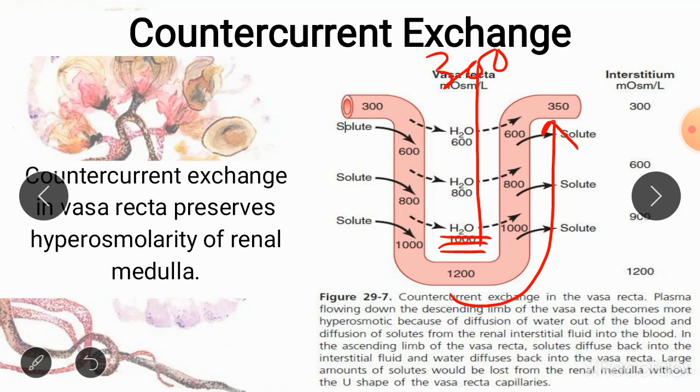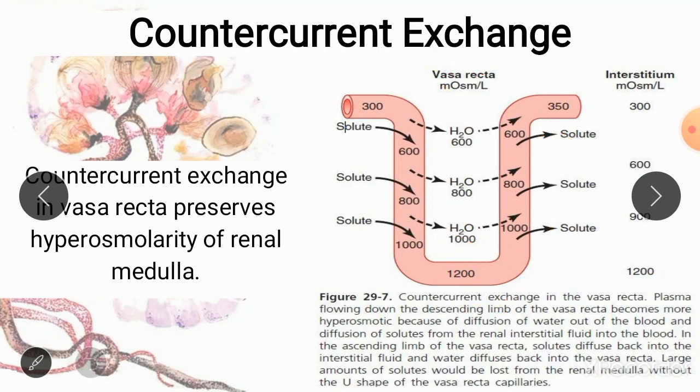So as the peritubular capillaries move from an area of higher concentration of solutes to an area of low concentration of solutes, they start to lose solutes from the blood back into the interstitium.